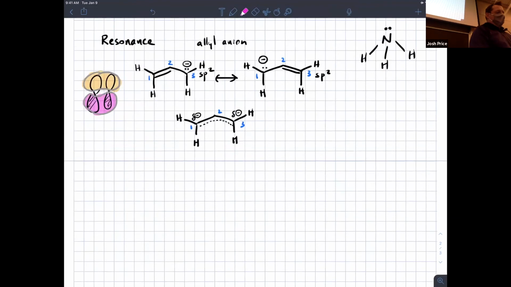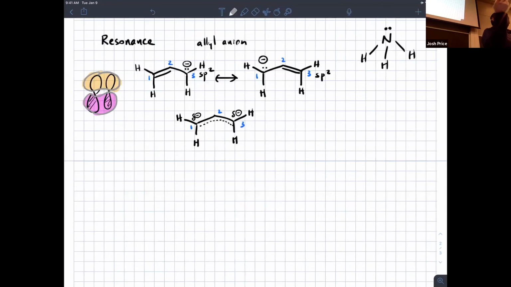Okay. If carbon 3 is sp3 hybridized, what kind of atomic orbital would that lone pair be in? Sorry. Sometimes I say things that are different from what's going on in my mind. If carbon 3 is sp2 hybridized and trigonal planar, what atomic orbital holds that lone pair? The only one you've got left, right?